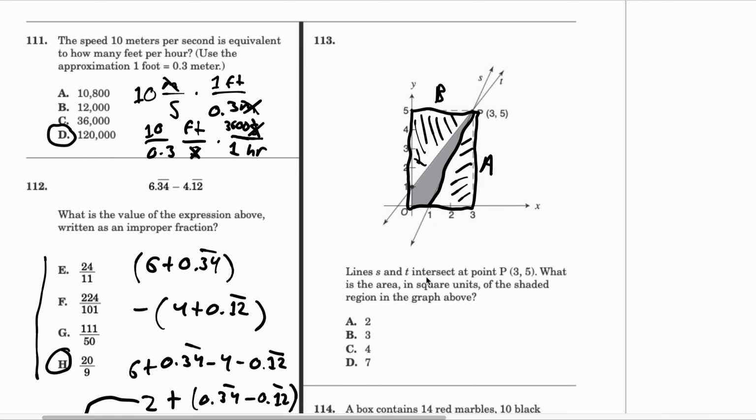So let's actually do that. So the area of the rectangle is just its length, which is 5, times its width of 3. So we have 5 times 3 is that area. Here, I'll write that here. And then let's find the area of triangle B.